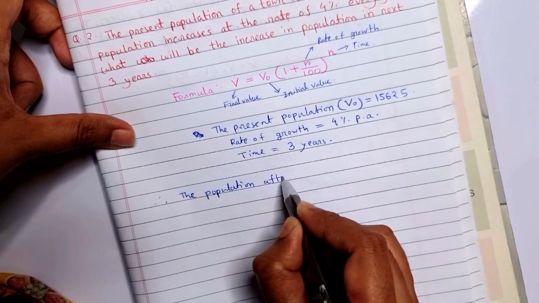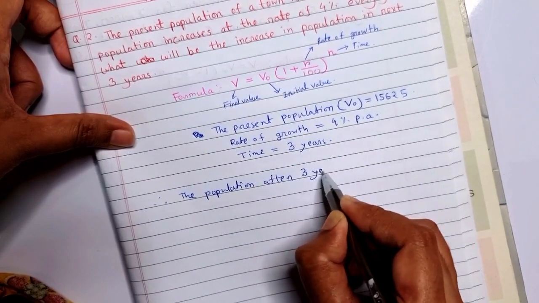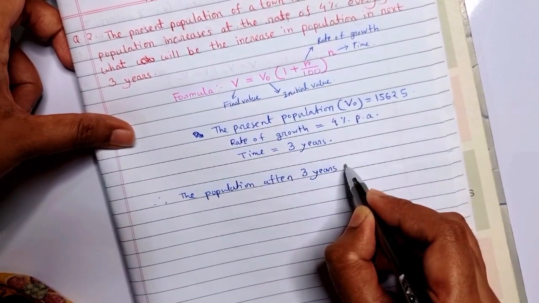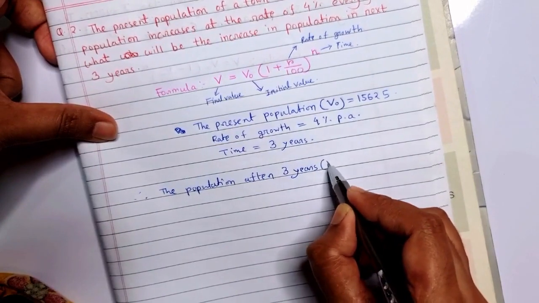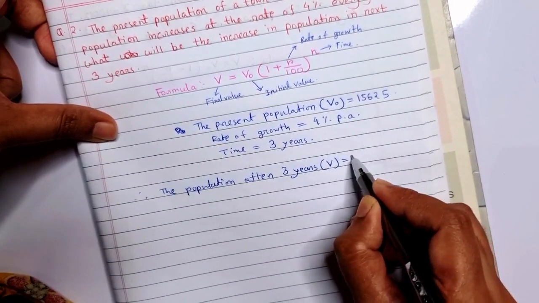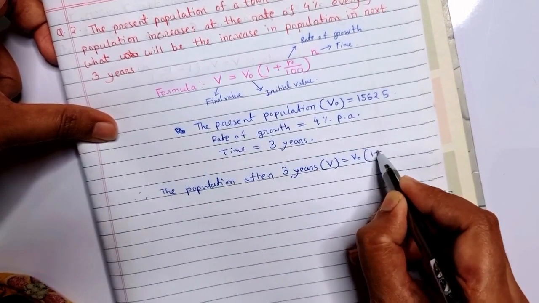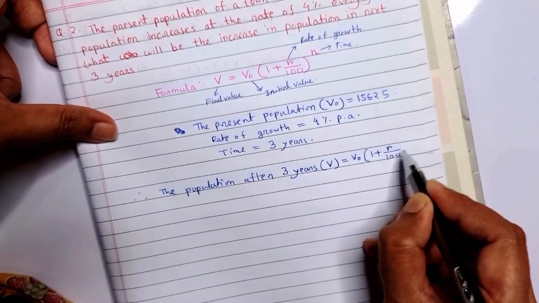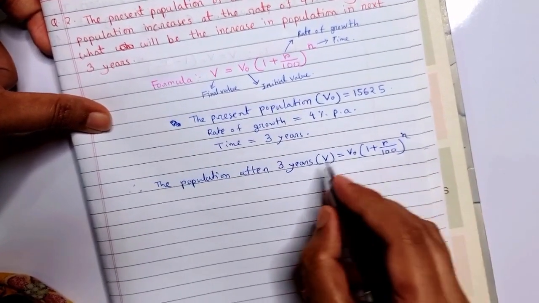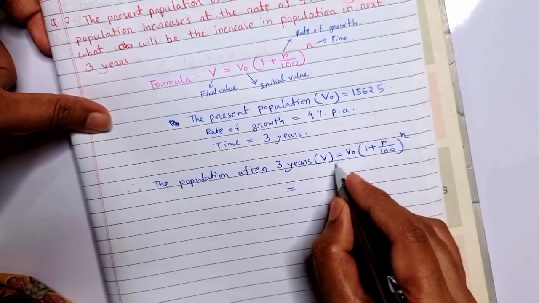Now, therefore, the population after 3 years, bracket V, is equal to V0 times (1 plus R by 100) whole to the power n. What is the value of V0?